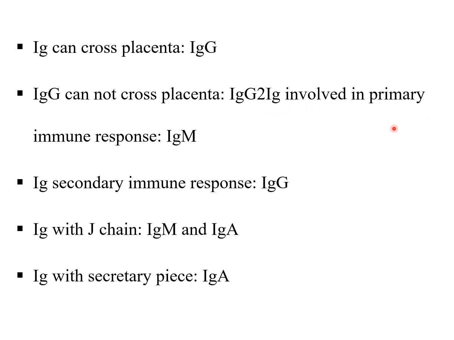Involved in the primary immune response is IgM. Involved in the secondary immune response is IgG. Immunoglobulins with the J chain are IgM and IgA, which act as a linker of various monomers. The immunoglobulin with the secretory piece is secretory IgA.